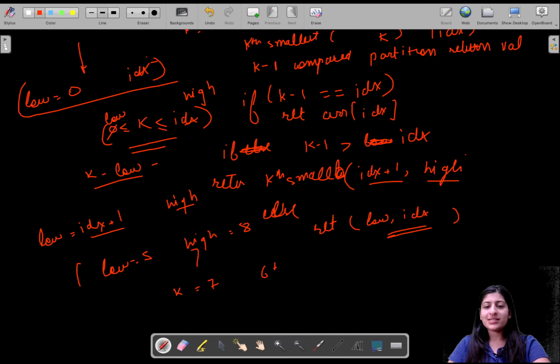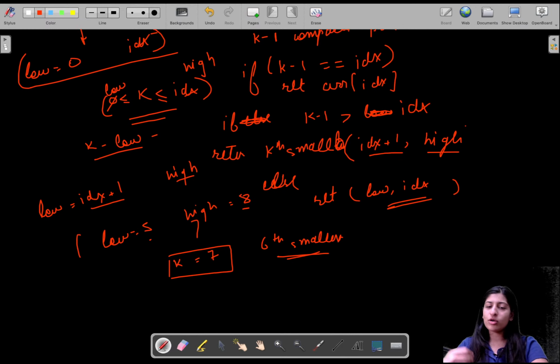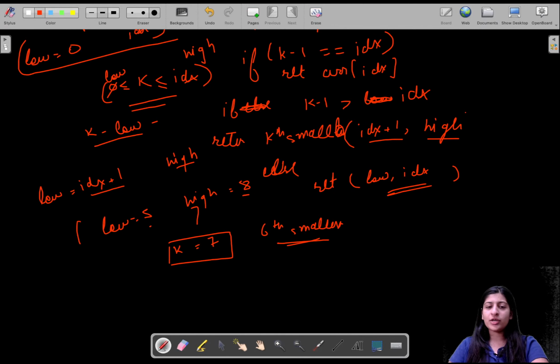Ideally you need to find the 6th smallest index in an array whose size is 9, that is high plus 1. High is the last position of your array, and low is some intermediate idx plus 1 over which you are iterating. So I just want to explain that according to your window, your k will also change if the window is somewhere from idx plus 1 to high, not from low to idx. That's what I'm trying to explain to you.